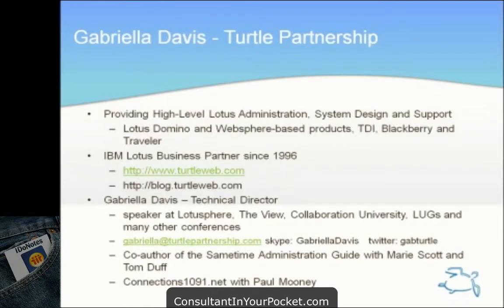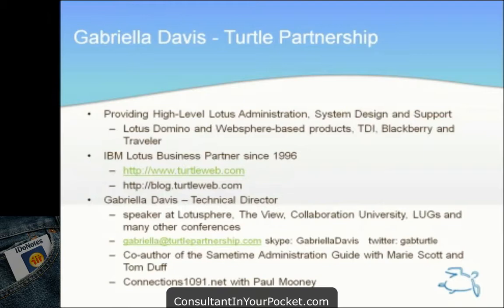All right, so let's talk a little bit about Gab herself. Gab, you want to introduce yourself real quick to everyone? Yeah, my name's Gab Davis. I work for the Turtle Partnership in London. My job is mostly high-level administration, system design, health checks, security checks, running across a lot of the IBM products. I do a lot of Domino work, but also Sametime and Connections and TDI, and less BlackBerry and Traveler.